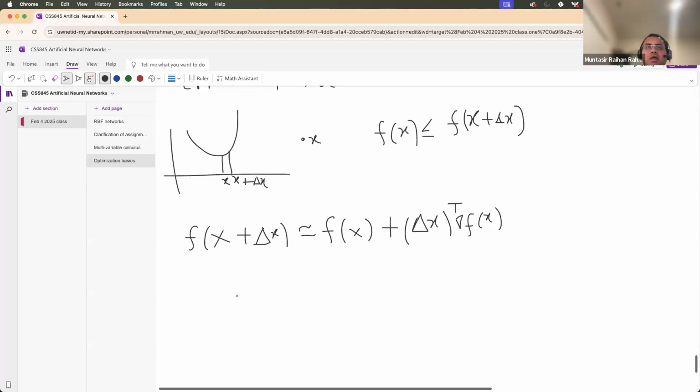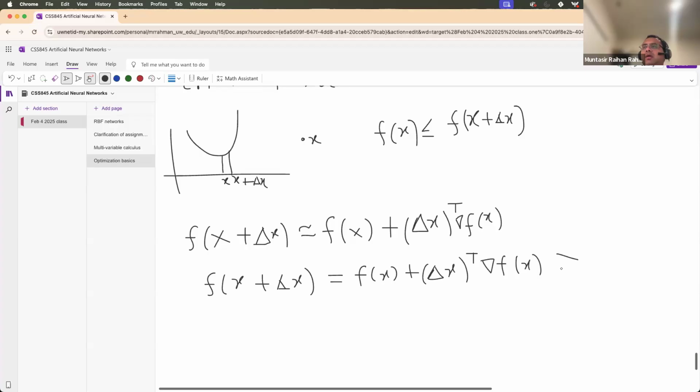So if we apply it here, then I have x plus delta x dot product with the gradient, right?